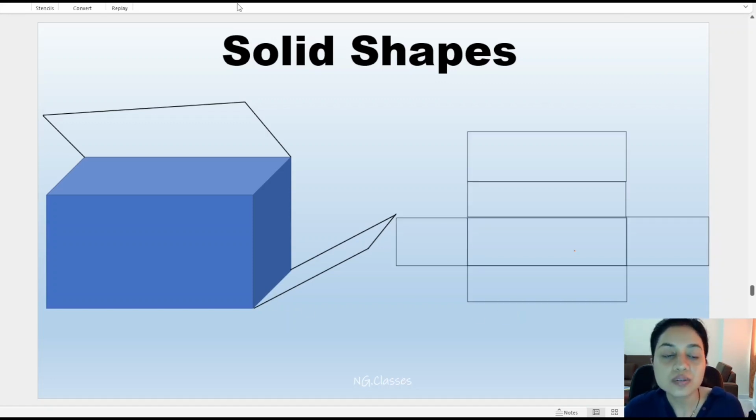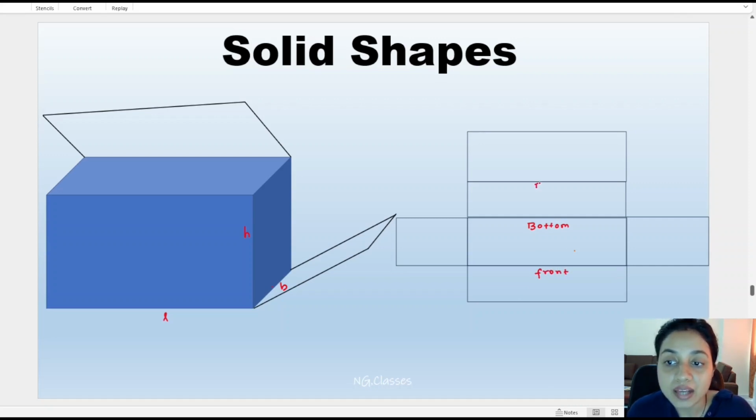Now we need to understand that this is the length of this cuboid. This part is the breadth of this cuboid and this is the height of this cuboid. So here, when we have opened the figure, please don't get confused. This is the bottom part here. This is the front side.